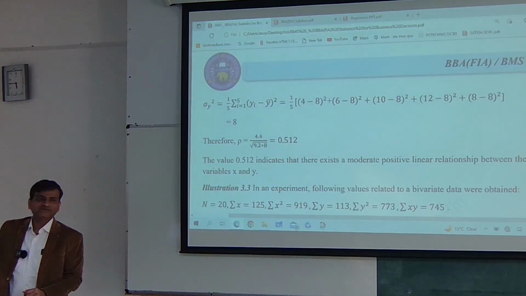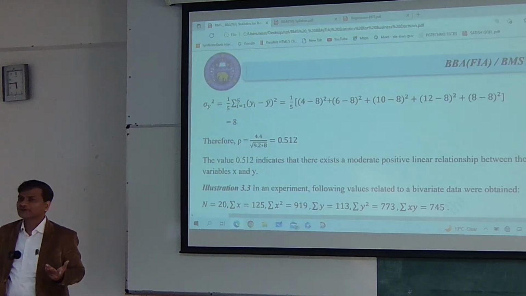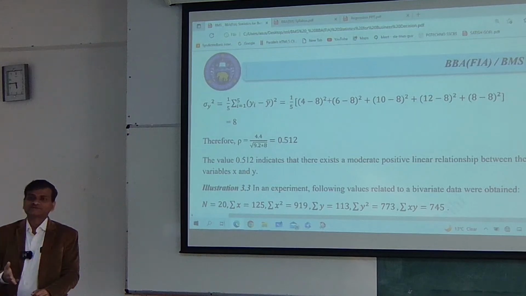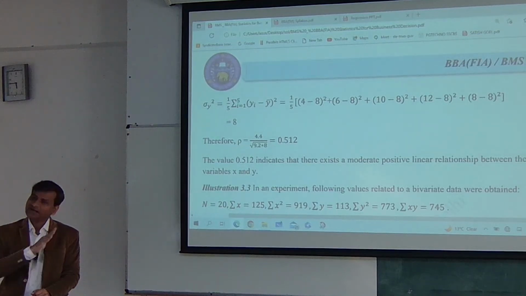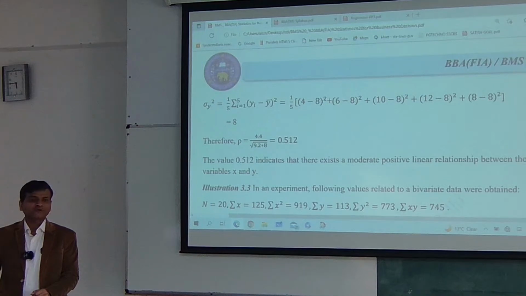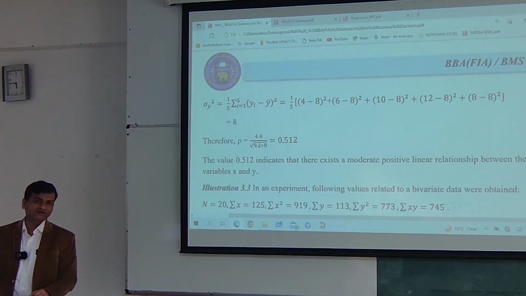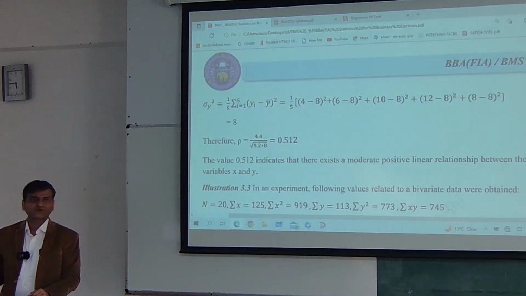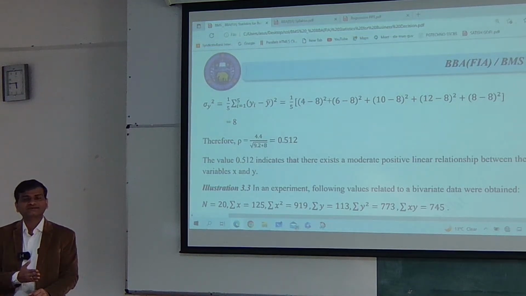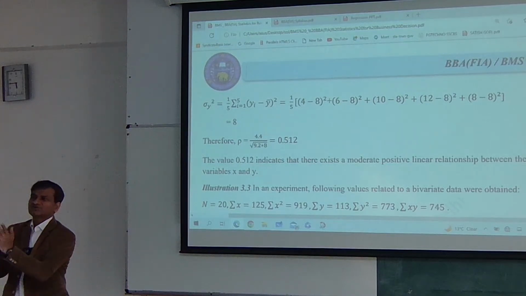If you have exactly 1, you have a perfect relationship; a better relationship is not possible. Similarly, if you have -1, it is negative and perfect. If you have around -0.7, you have a strong negative relationship. Around -0.5, moderate negative, and if you have less than 0.5, you can say a weak relationship. You have a relationship, but it is not good, it is weak.